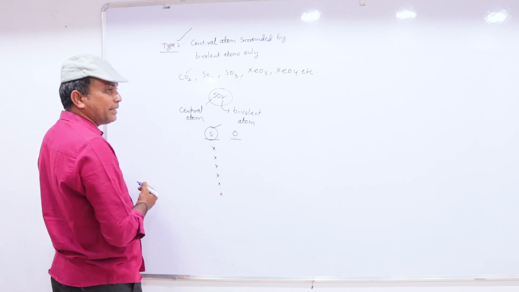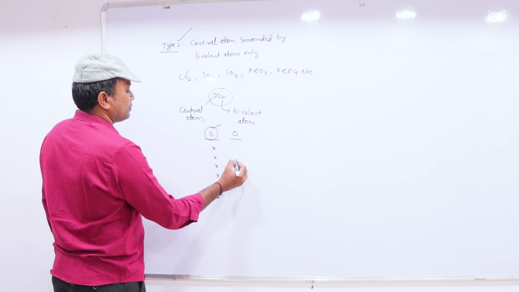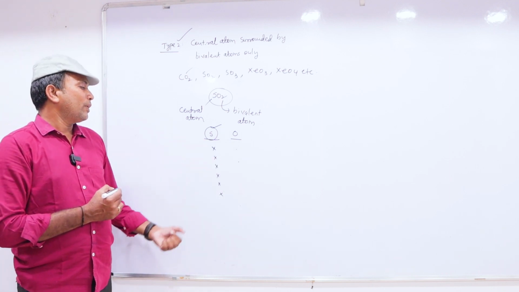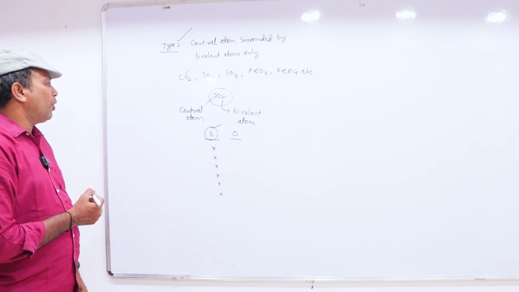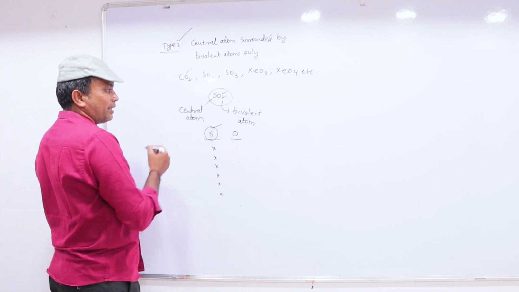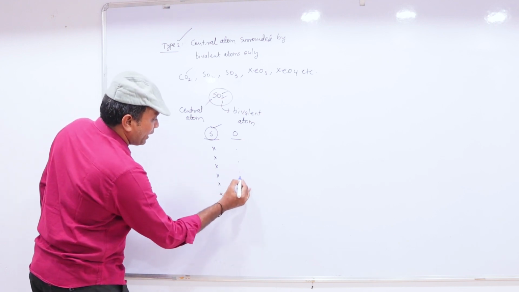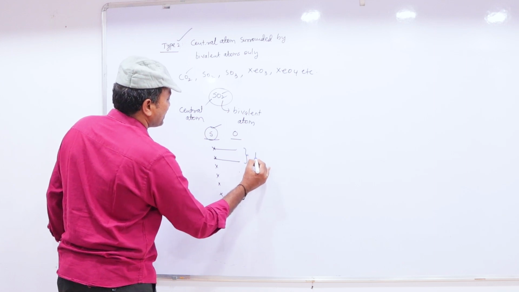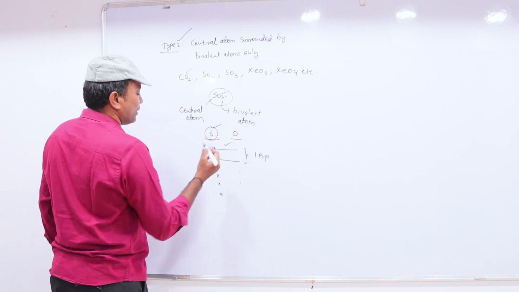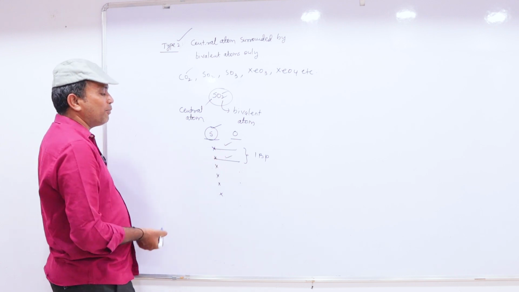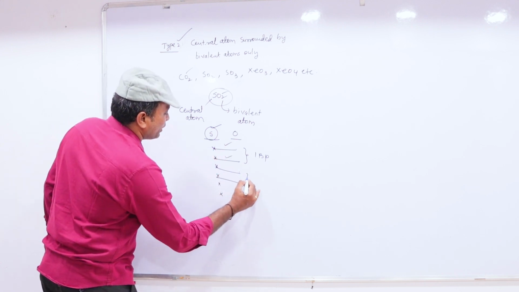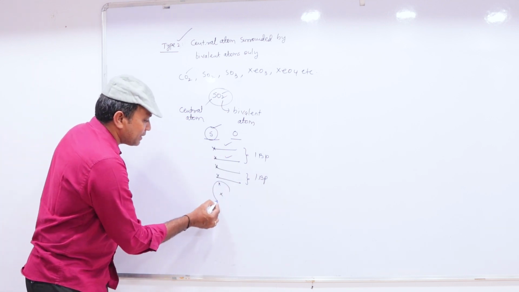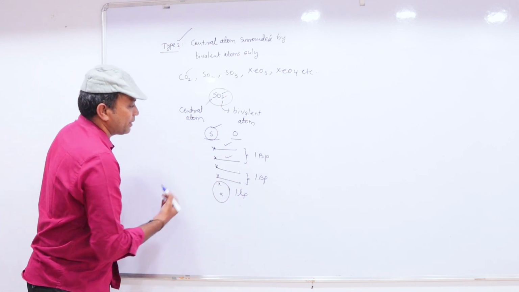Oxygen is the bivalent atom, so 2 electrons from each oxygen participate in bond formation. Because 2 oxygens are there, 4 electrons are there. But the 2 bonds we consider as one bond pair, one sigma bond and the other a pi bond. So in each bivalent atom we consider one bond pair. This is one lone pair.